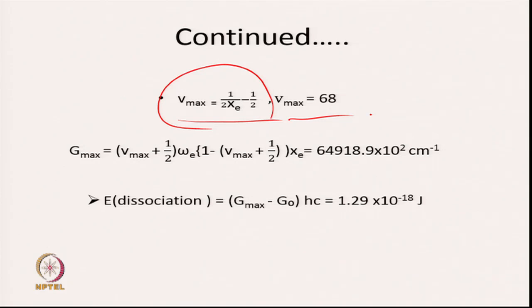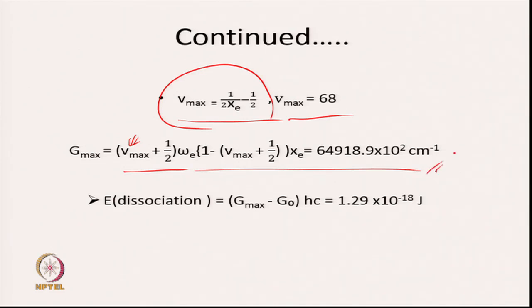Now, we will put the value of V max in the equation for G V. When we do that, we will get G max. So, G max is V max plus half omega e and 1 minus V max plus half x e, and when you solve this you will get the value of G max, that is the energy of the vibrational level whose energy is maximum, and it is given in centimeter inverse.